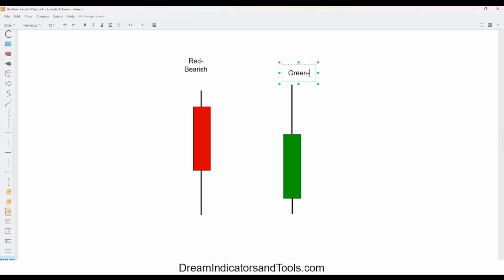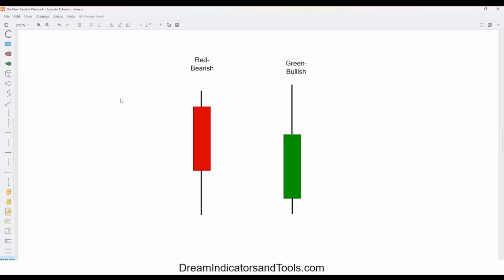So we've got green for bullish and red for bearish. Usually what this means simply is that red candles are often going down, price is moving lower, and with green candles, price is moving upward. There are a lot more nuances to it than that, but we're going to keep it simple for right now. Red down, green up.